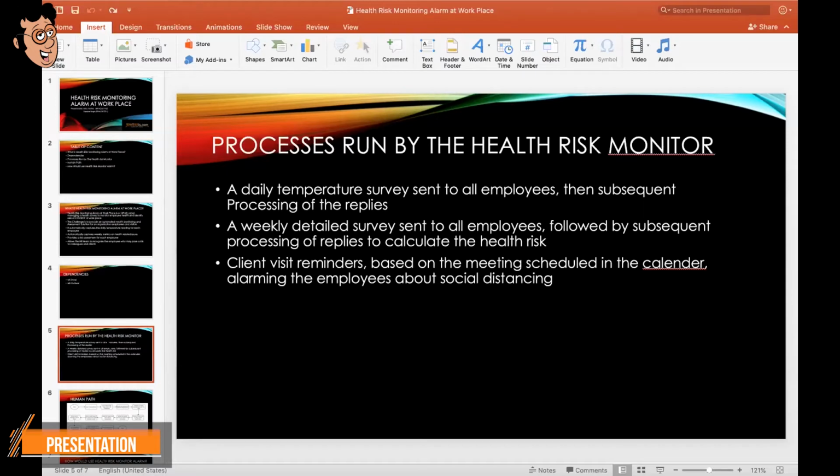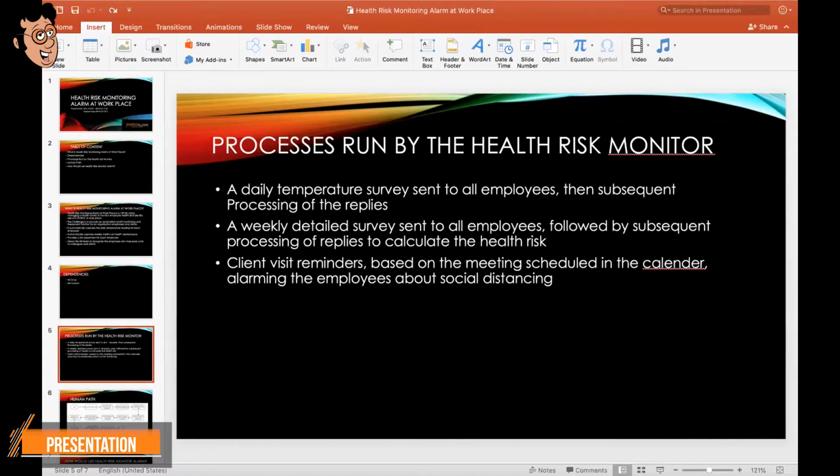So what is the process run by the health risk monitor? There are three activities that our health risk monitor does. First works on a daily basis. The bot has to run daily and process the daily temperature sent out to all employees, and then subsequently process the replies of the employees.